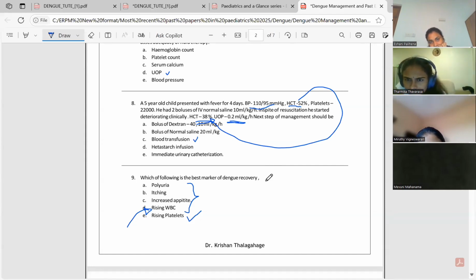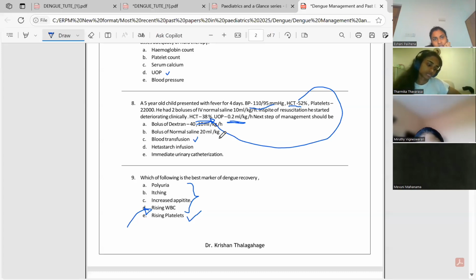You give another bolus of saline, still hematocrit is high. But here, hematocrit has dropped. So even if you give dextran 40, the child is not going to improve, because the reason for his low parameters is not that he continues to leak, but that he is now bleeding.